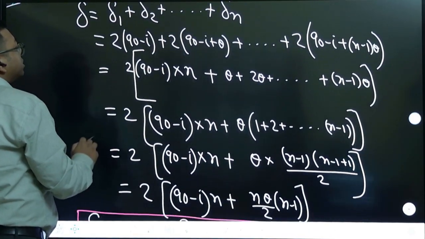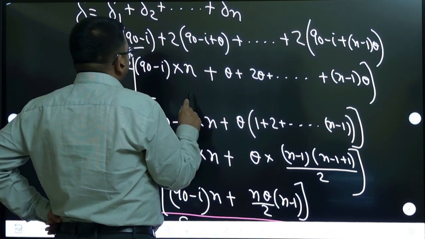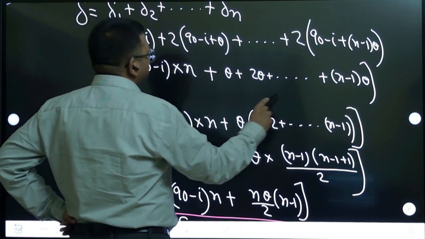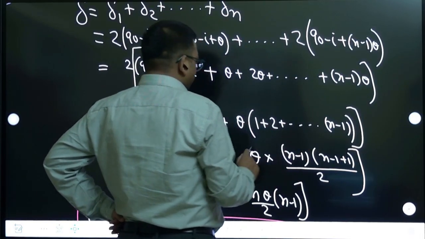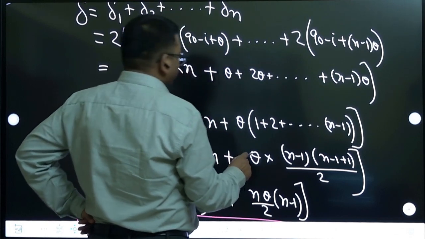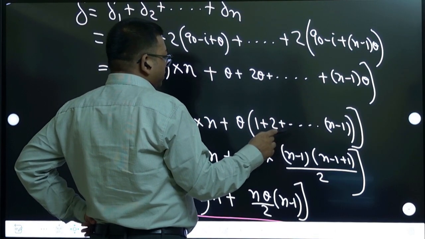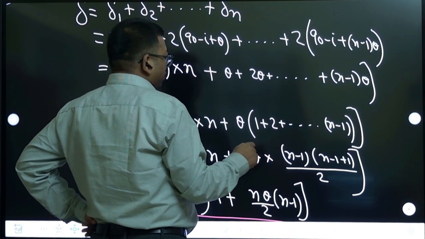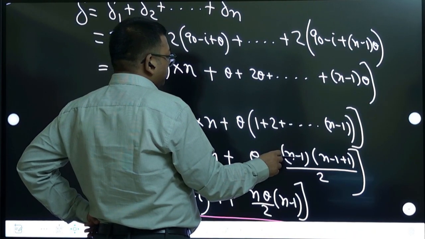I think no mistake is there. Right? So 2 times 90 minus i, plus theta, theta, theta, and minus 1 times theta. Then this is a sum of numbers. So first term plus last term divided by 2. Is it correct? Or did I make a mistake here?